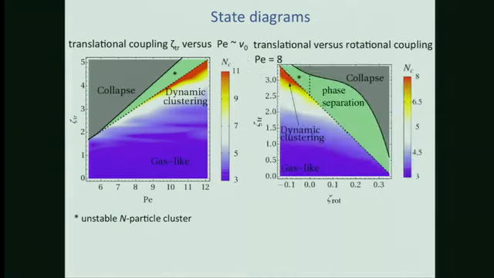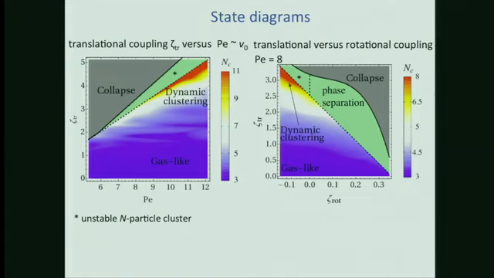So now if you fix the Peclet number and you plot a state diagram, zeta_trans versus zeta_rot, so these chemotactic couplings for translation and rotation, you can see the gas-like phase here, the collapsed phase, but then you see this green part here. For positive zeta_rot, you see some sort of a phase separation.